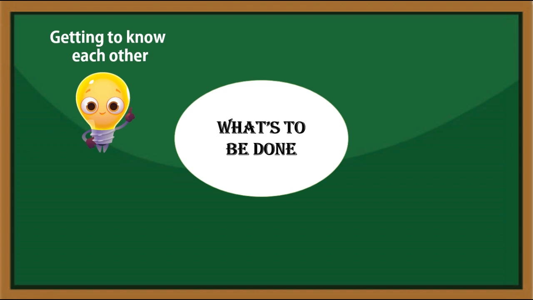Now, when the teacher introduces himself to his learners, he is preventing them from giving him some nicknames. So he is breaking the ice between him and his learners. Why? Because he's going to create a kind of family atmosphere inside his own classroom.